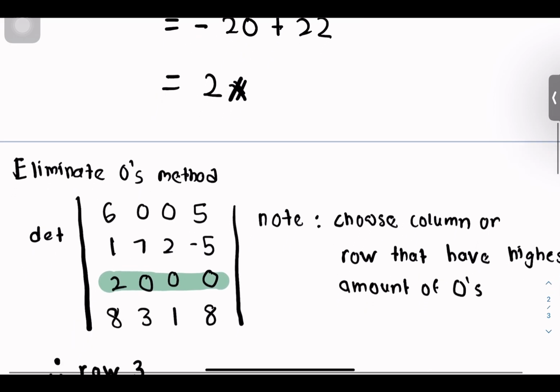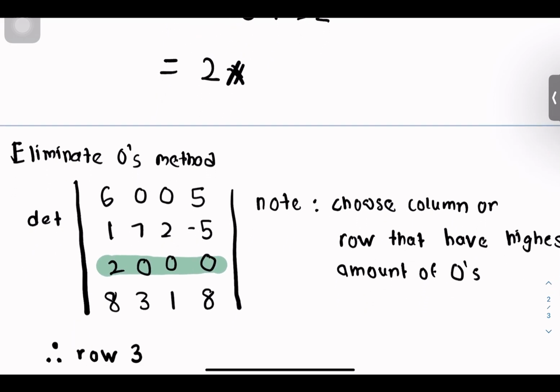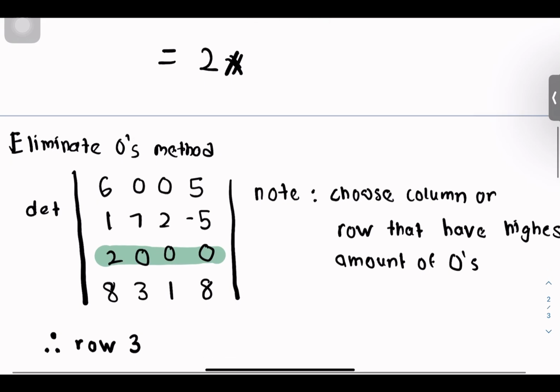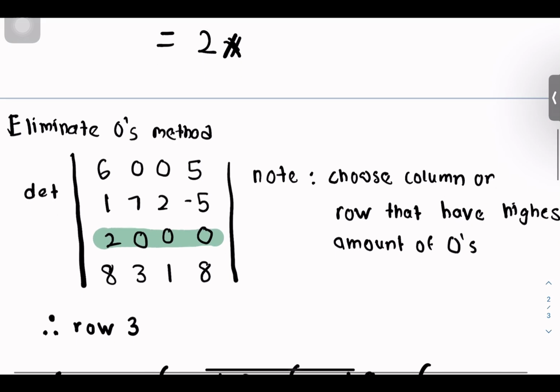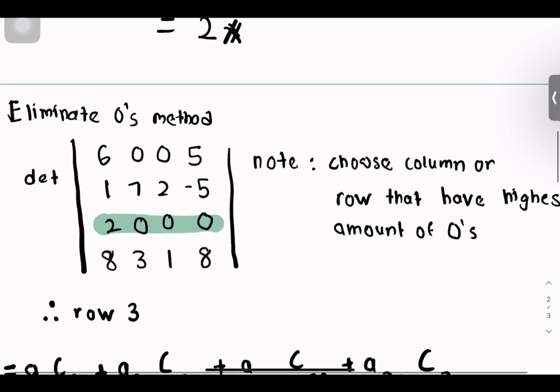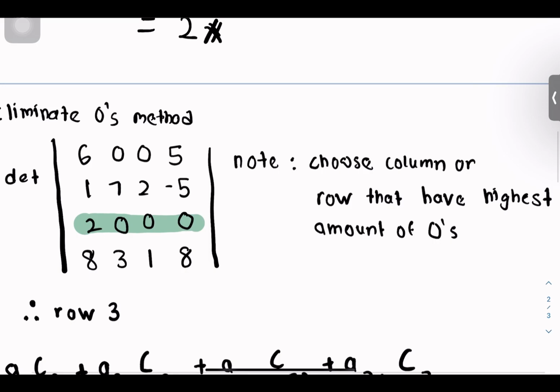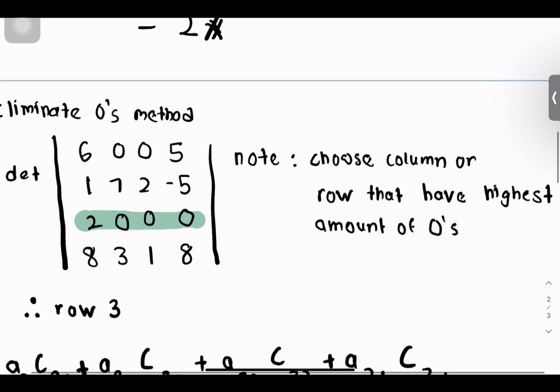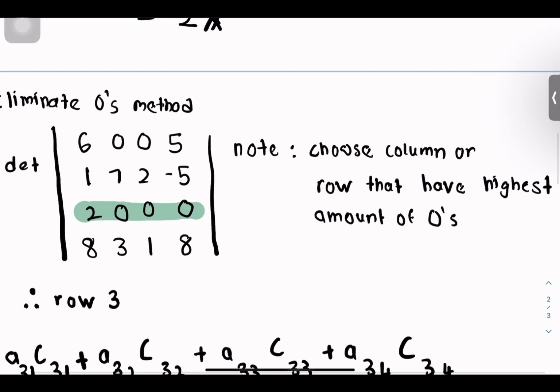Next, I will share a method called the eliminate zero method. We have a 4 by 4 matrix. For this method, we must choose the column or row that has the highest number of zeros.